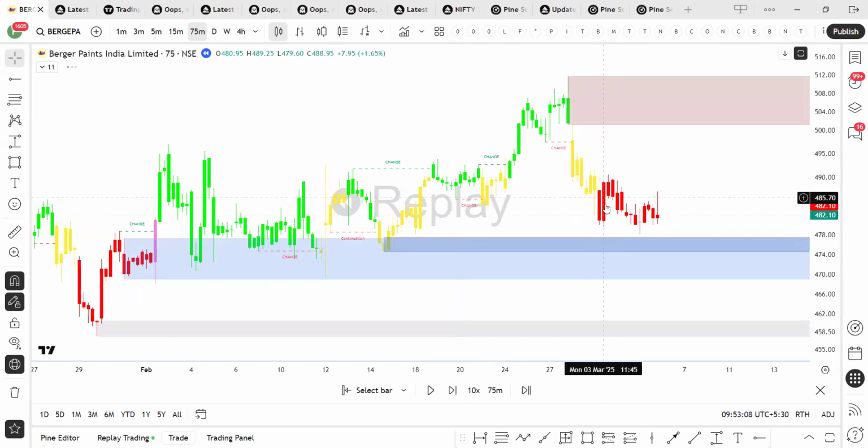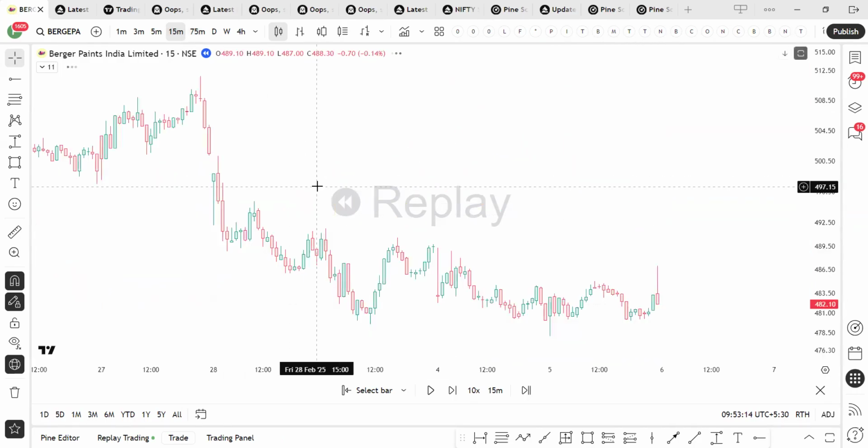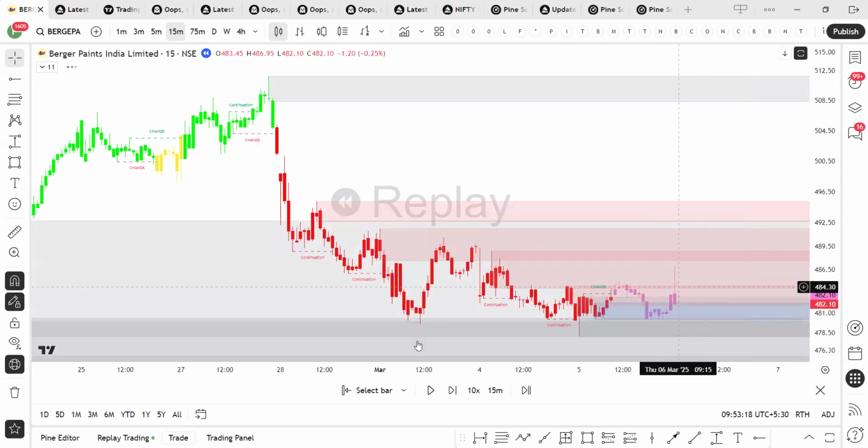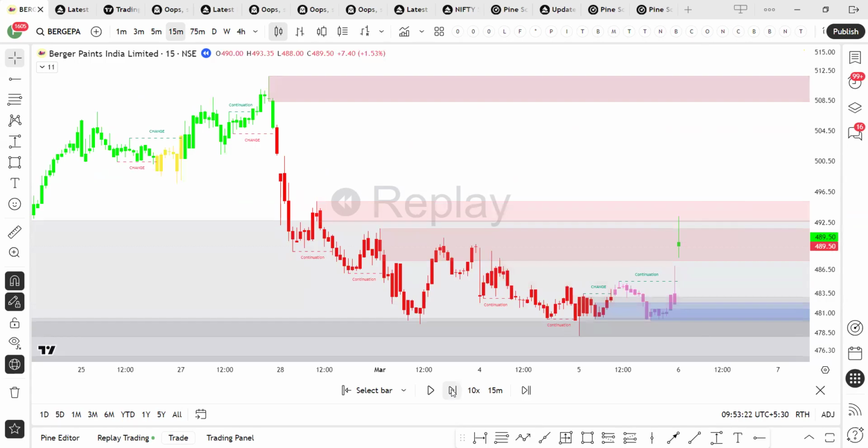If it is red, then I will not take entry immediately here. I may look for 15-minute time frame. It's red here and it will turn green in time. After it turns green, I may take a retracement entry on this time frame, but my stop loss will be based on daily time frame.